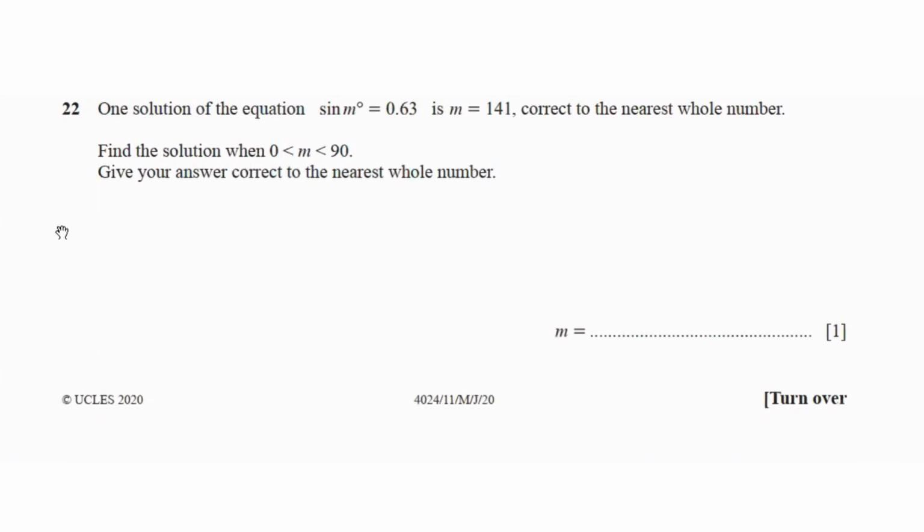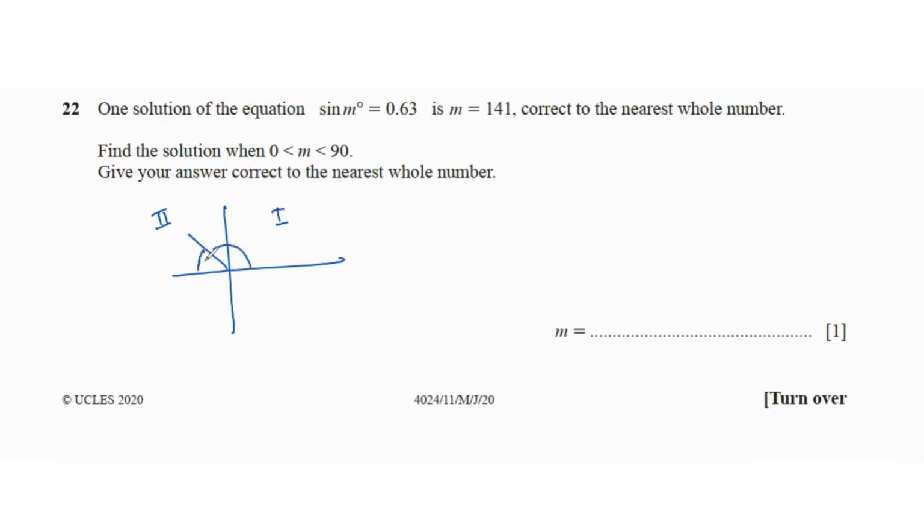Then one solution of the equation sine m equals 0.63, where m is 141, correct to the nearest whole number. Find the solution when m is between 0 and 90. So what we do is we know that sine is positive in the first quadrant and the second quadrant. 141 is going to come over here.